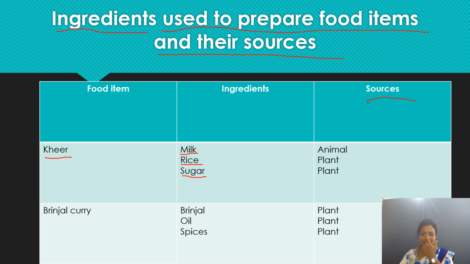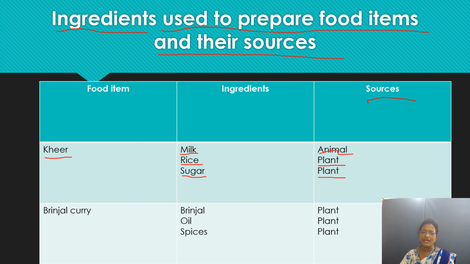First is milk. Do we get milk from a plant source or an animal source? We get milk from an animal source. Rice we get from a plant, and sugar we also get from a plant. So milk is an animal source, rice is a plant source, and sugar is also a plant source.